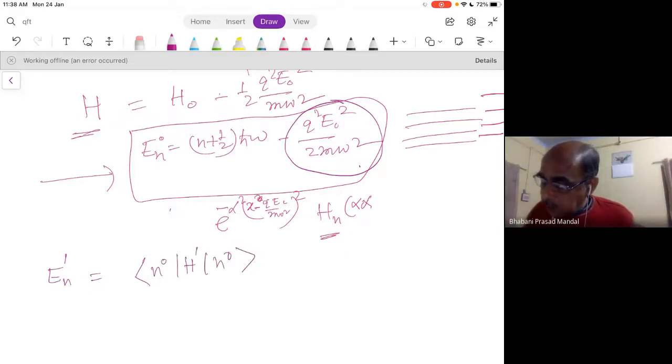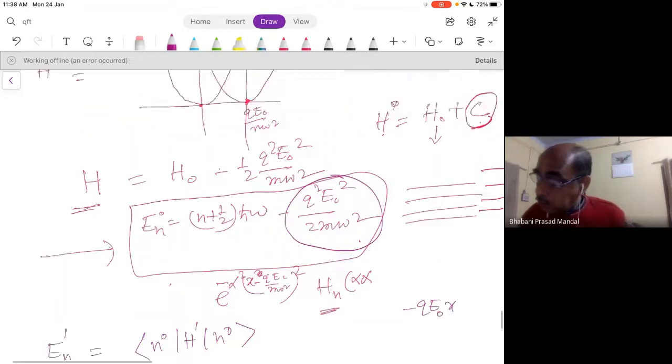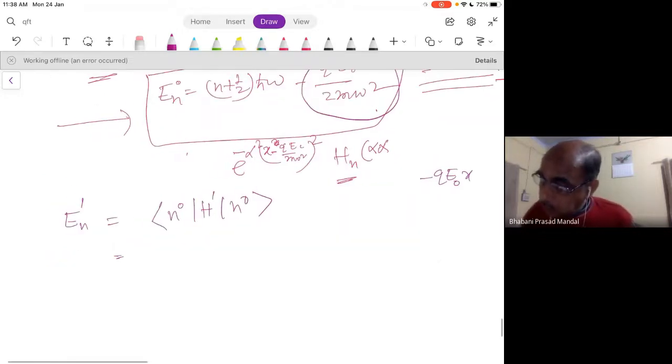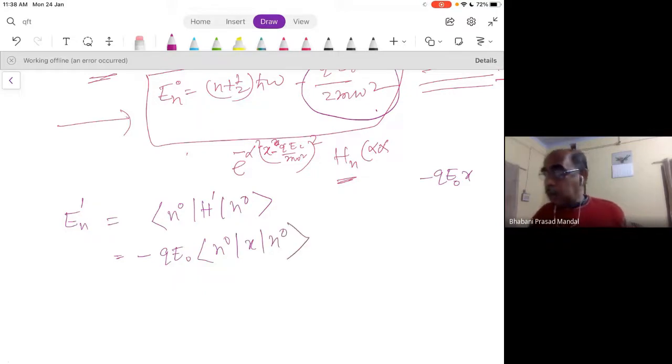H prime is nothing but minus q E0 x. So this will be minus q E0 times n0 x n0. Okay, but this quantity I already argued last class is 0.